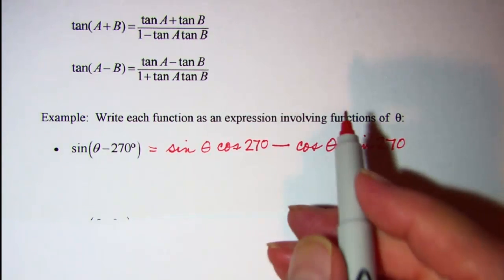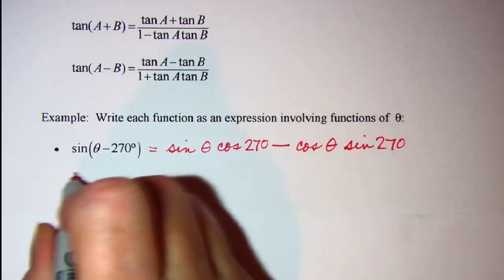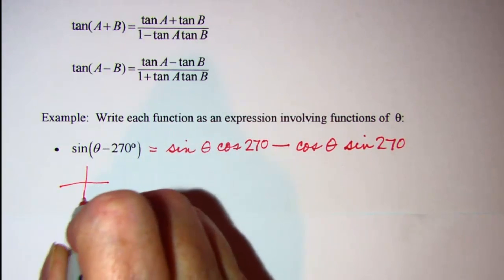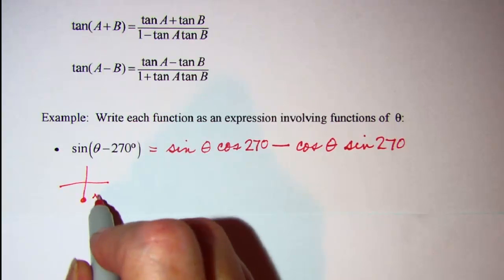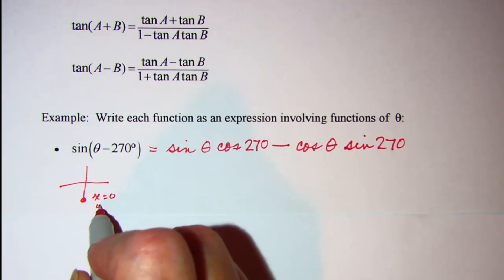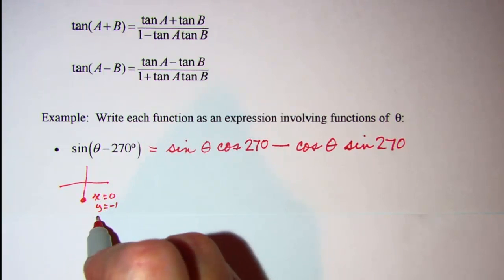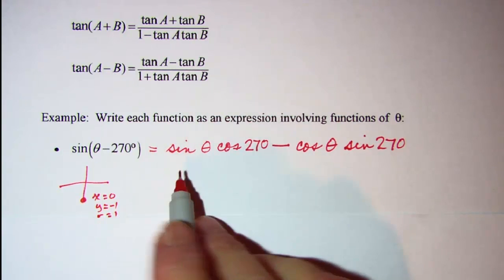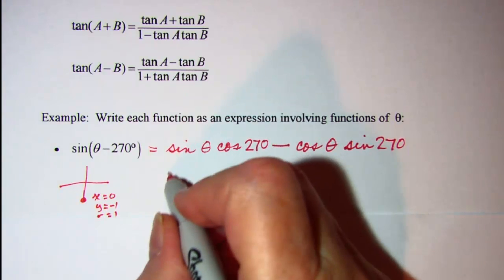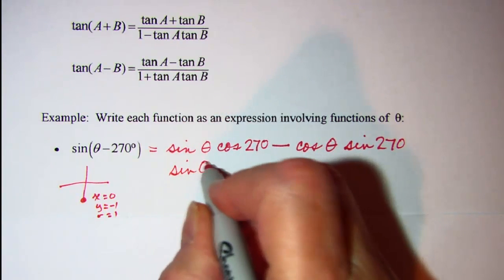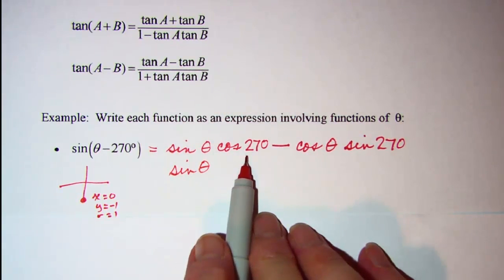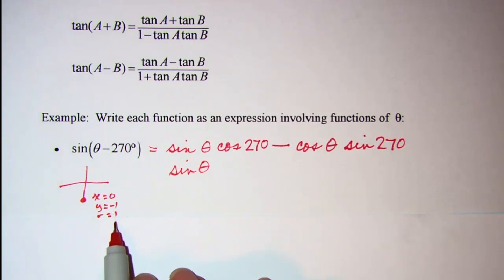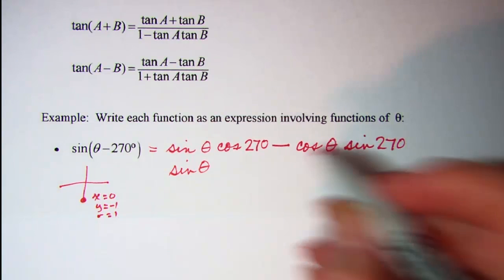All right. 270 is down here. The x value is 0, y is -1, and r is 1. So we have sine theta. The cosine of 270 would be x over r, so 0 over 1.